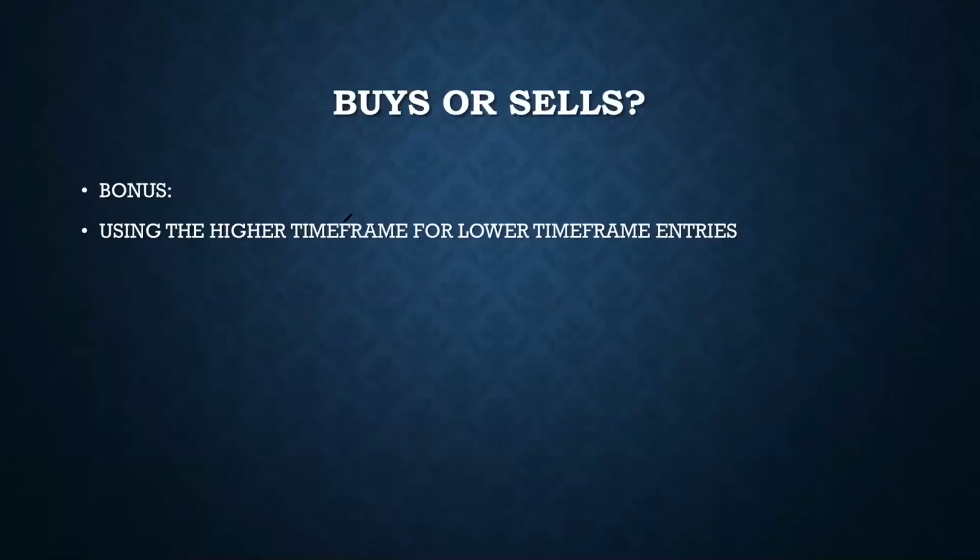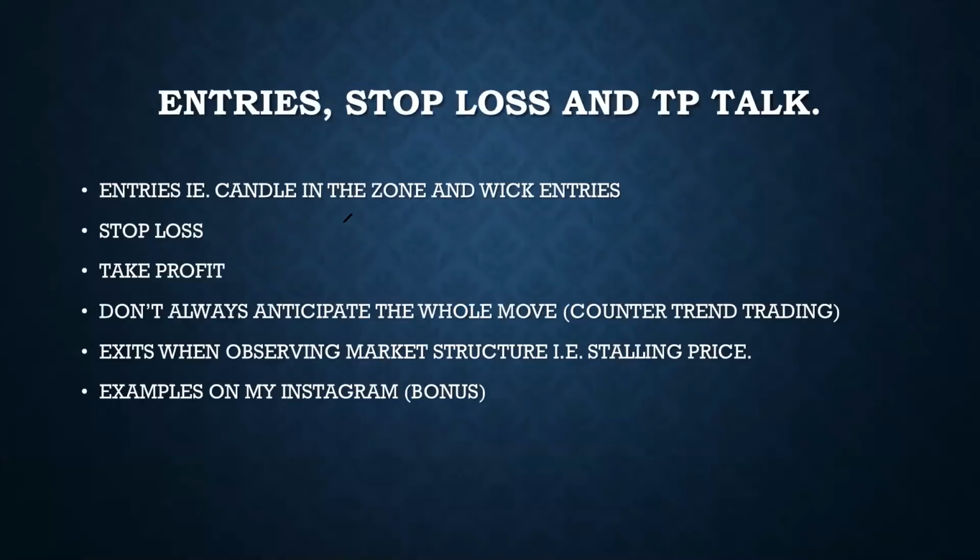Okay. Let me cover buys and sells at the end. There's a reason why I want to cover it at the end. So now we're in entries, stop loss, and take profit talk. So entries. Let's start with entries.